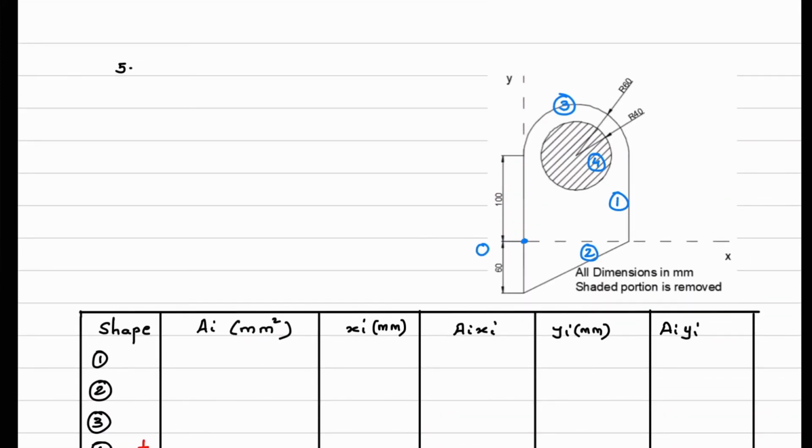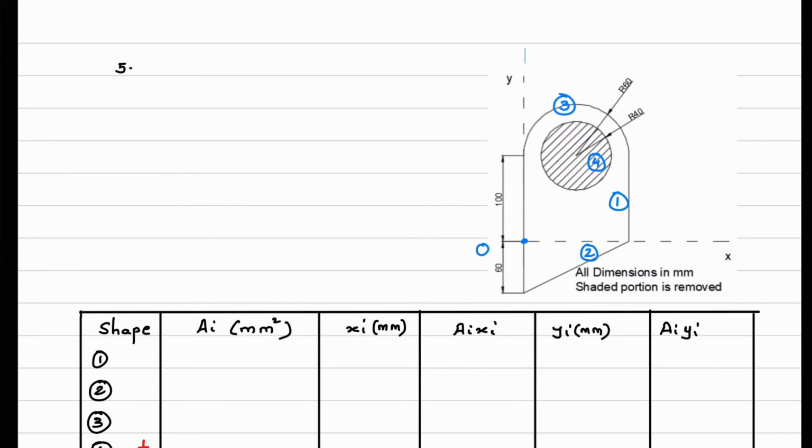Now the next step is to locate the individual centroids. So for this rectangle, which is the first geometry, now what is the x distance? This outer radius is 60, so this total will be 120. So we'll write it down over here.